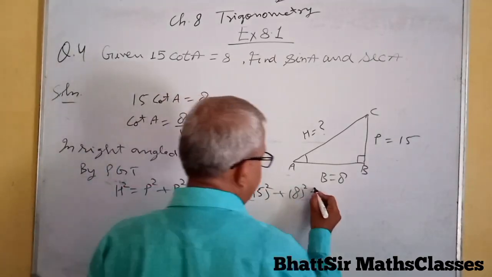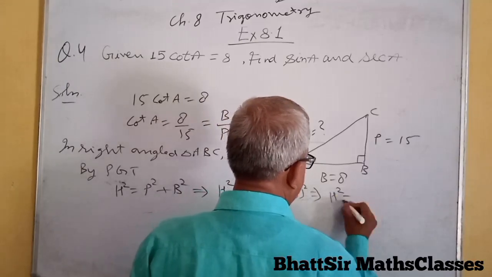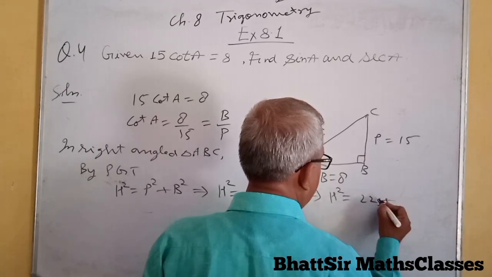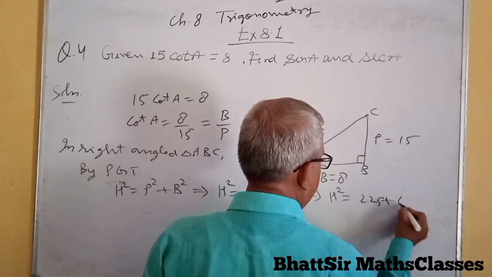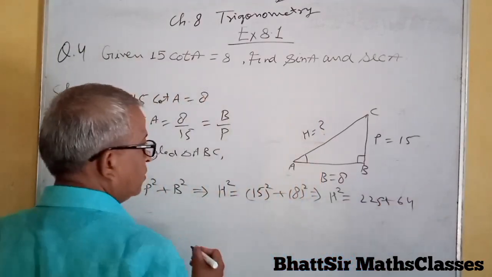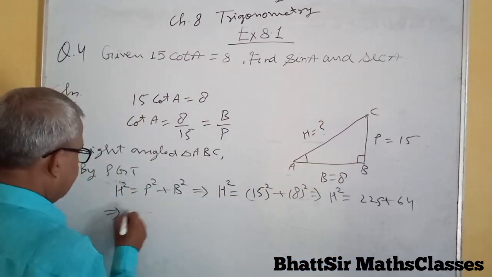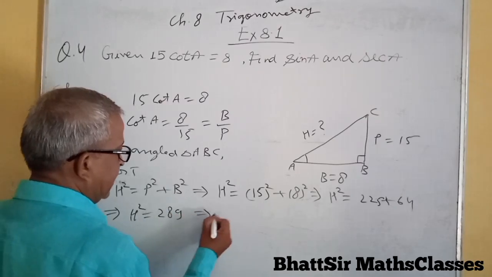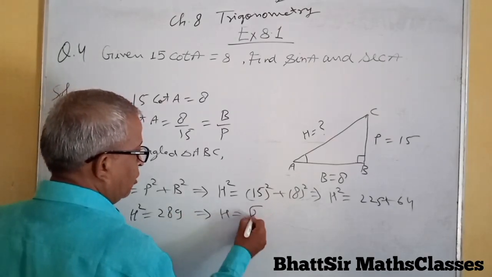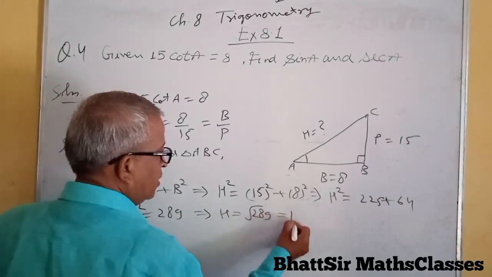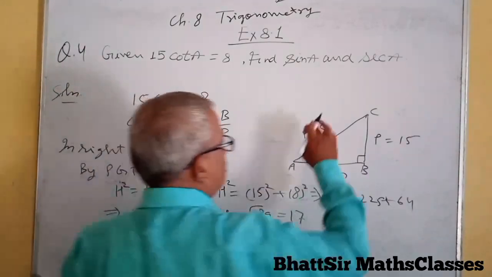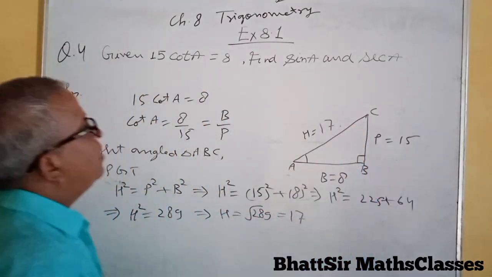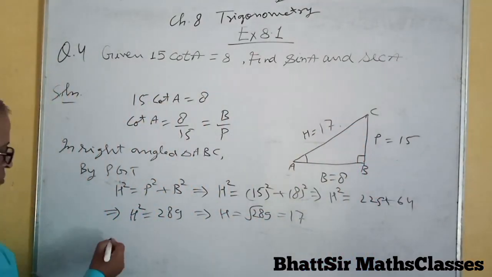It implies that H square equals 225 plus 64, implies that H square equals 289, implies that H equals under root 289 equals 17. So now the hypotenuse is 17, but I want to calculate sin A.